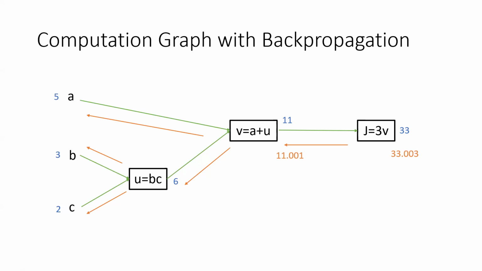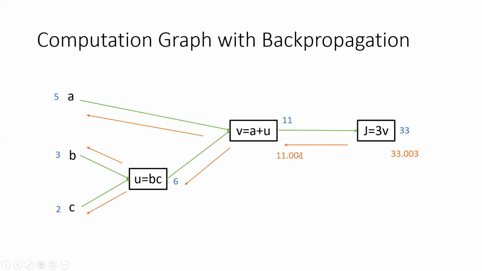Now what we are going to do is increase the V variable by a very little amount, 0.001. We have increased V by 0.001 and got V as 11.001.